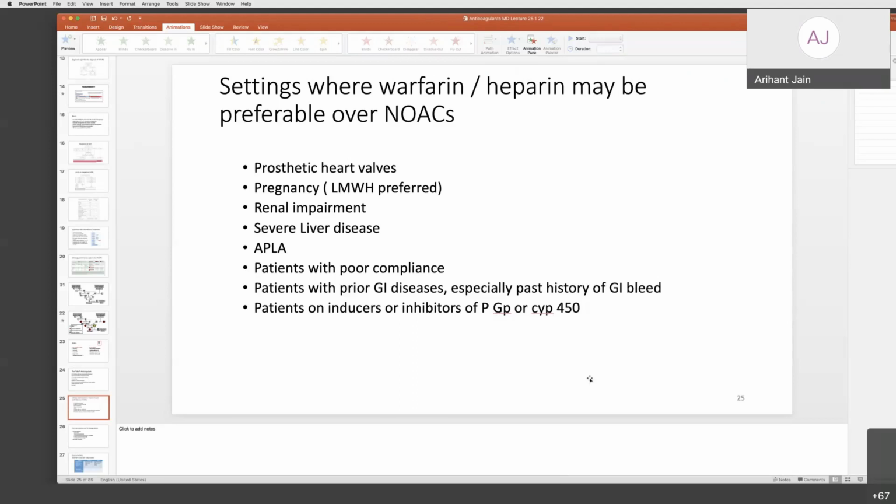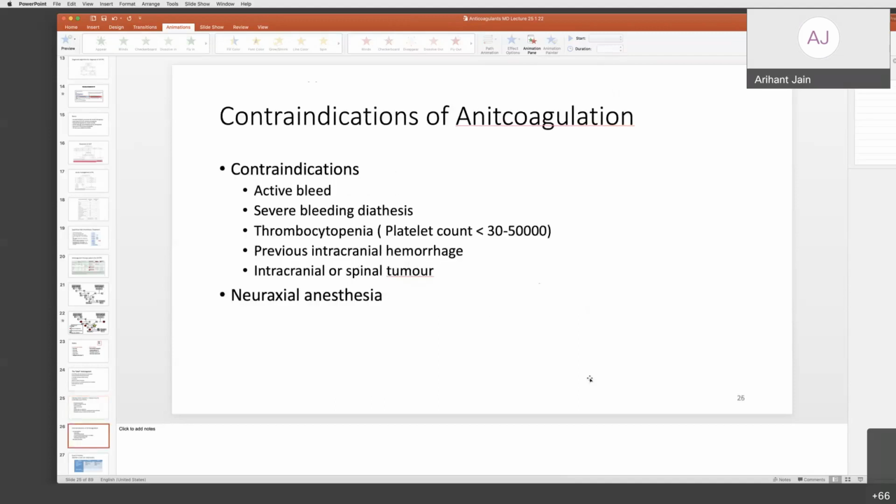Again, patients with poor compliance, patients with GI diseases, or patients on inducers or inhibitors of glycoprotein or cytochrome P450, you would use the conventional anticoagulants over NOACs.